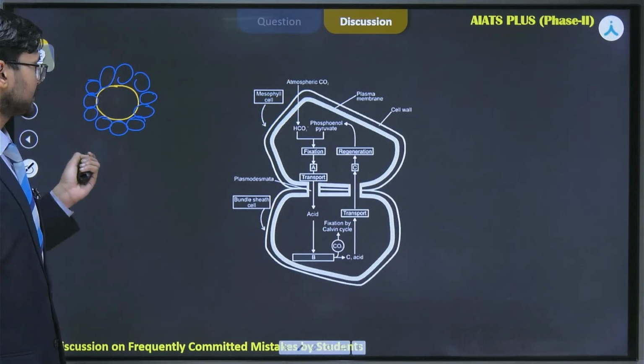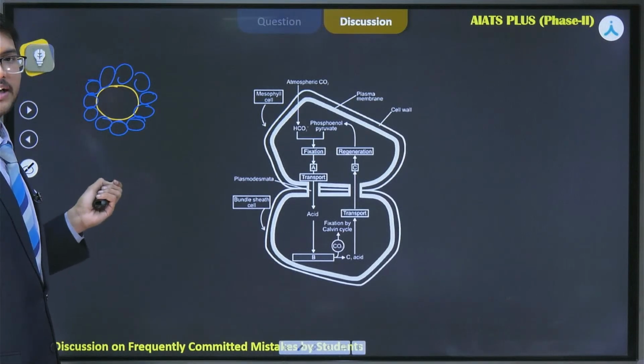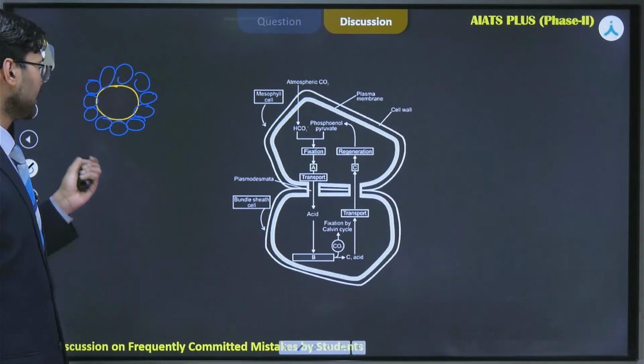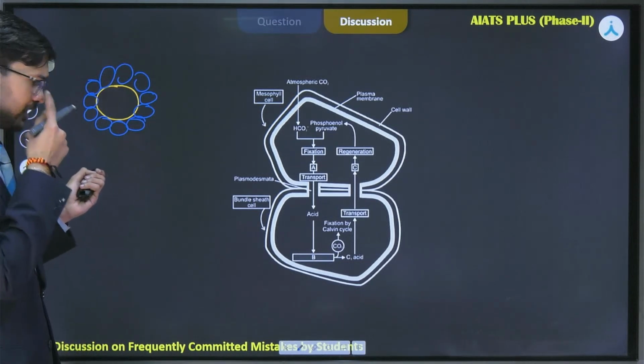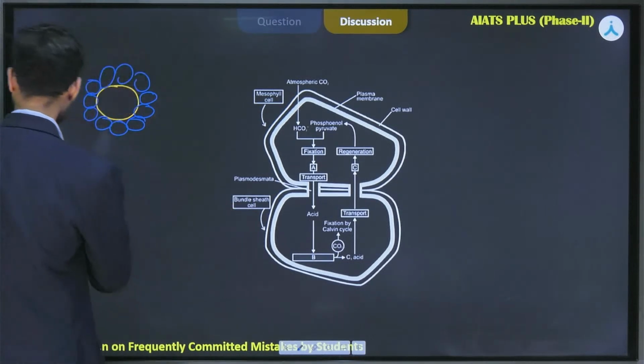Now what makes a C4 plant different from C3 plant is that the bundle sheath cell has certain features, like this bundle sheath cell you are seeing here.